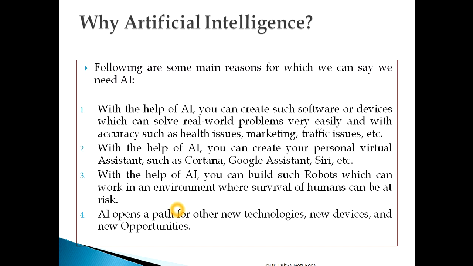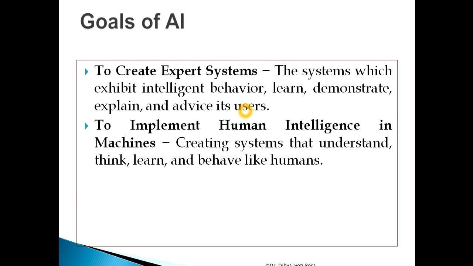But in such cases, we can employ robots. Next, AI opens a path for other new technologies, new devices, and new opportunities that may come in the near future. So these are mainly the reasons why we need artificial intelligence.